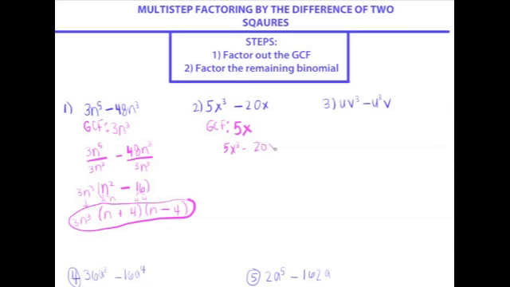I rewrite the original problem. This is the factoring out the GCF step. Okay. And so you simplify. The 5's in this first fraction cancel out. x to the third divided by x leaves me with x squared. 20 divided by 5 is 4. The x's cancel out. Put in a parenthesis, drop that GCF over here in front of the parenthesis.